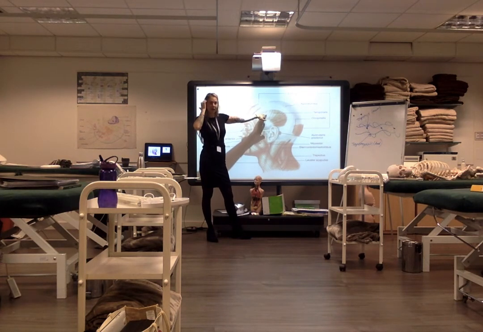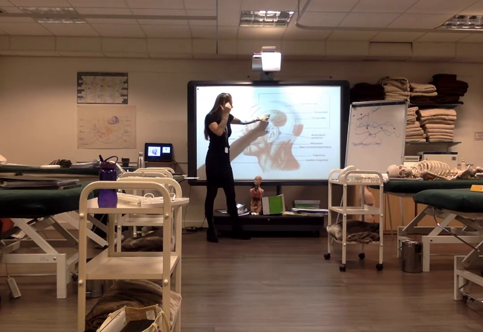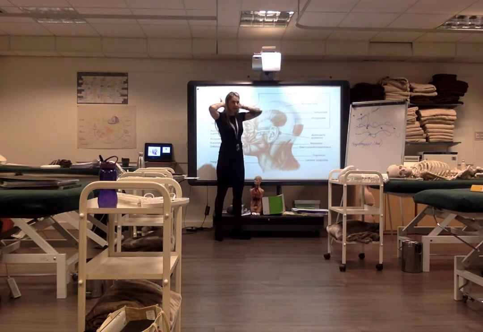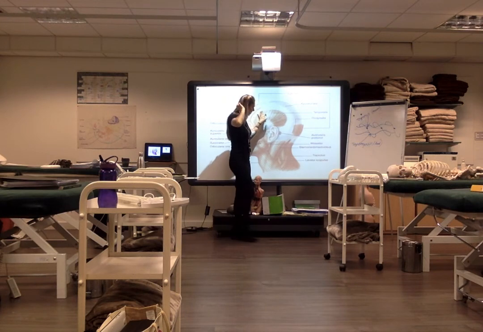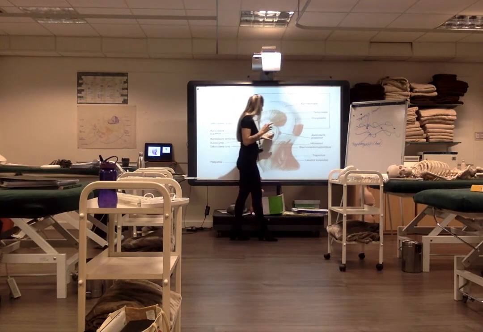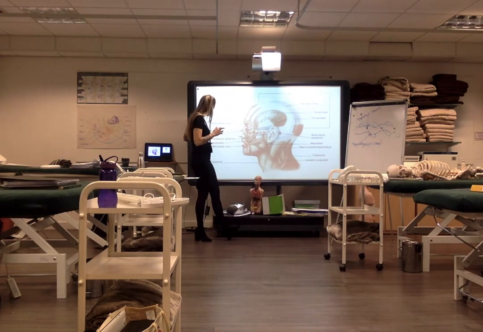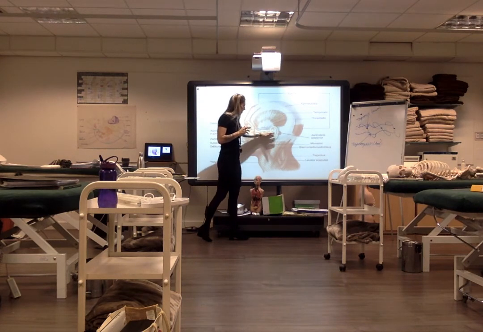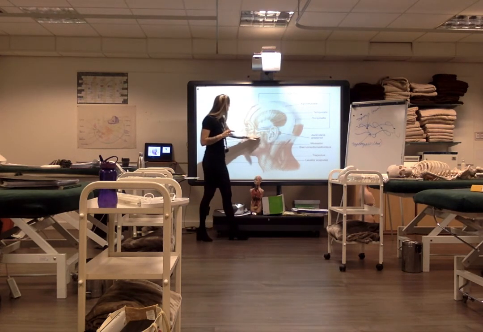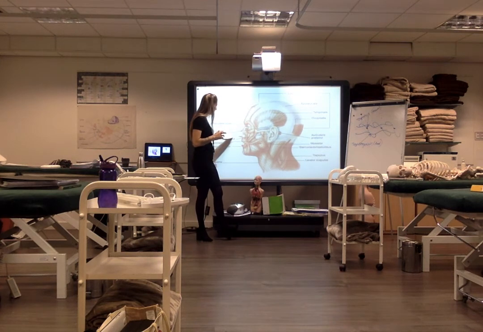Temporalis, hopefully like the temporal bone that we have. Occipitalis, base of the skull, so we've covered that one. Auricularis posterior, you have an auricularis anterior, and also a superior.